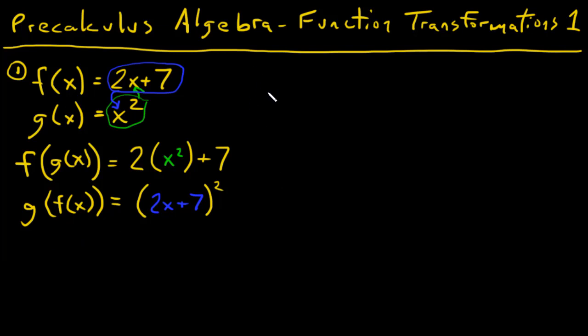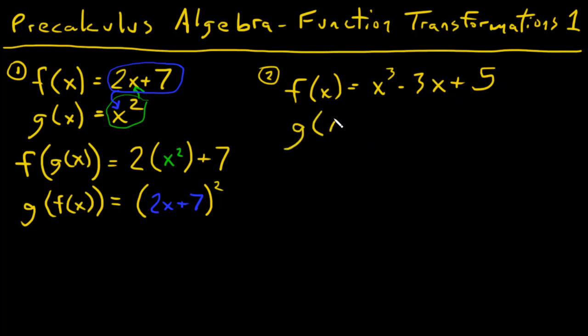All right. So let's tackle the second problem now. We had f of x is equal to x cubed minus 3x plus 5. And then g of x is equal to x plus 7.